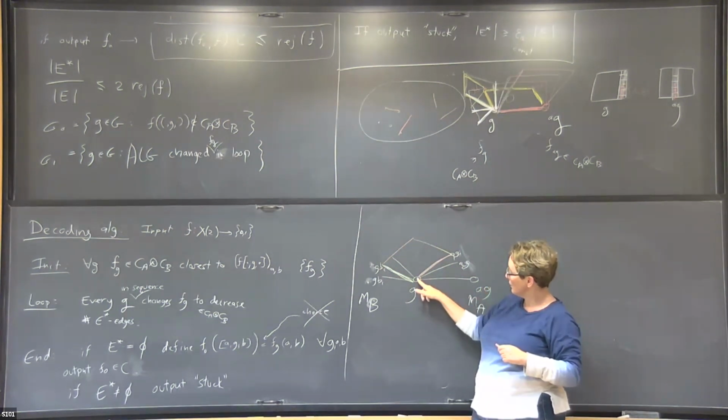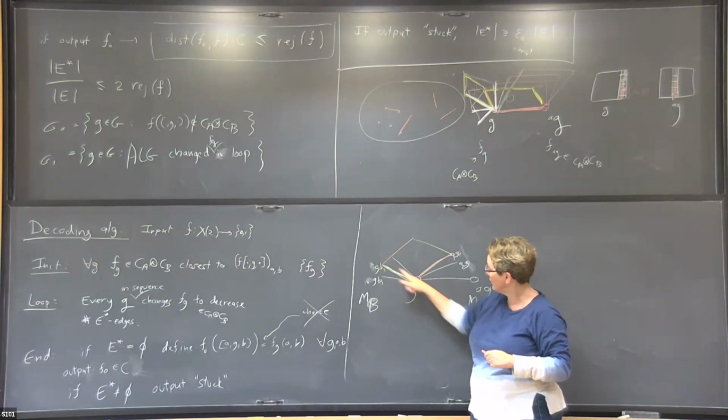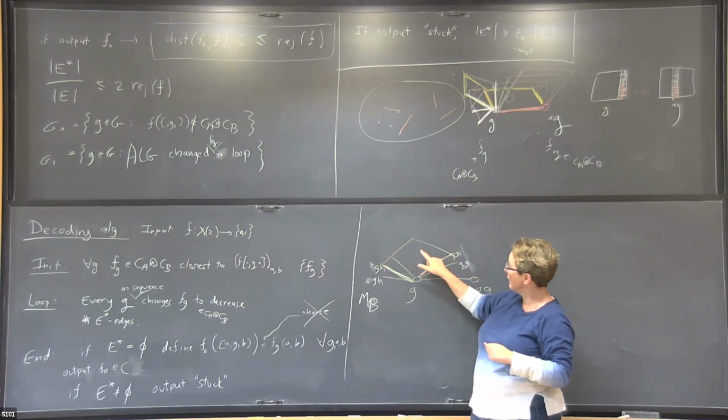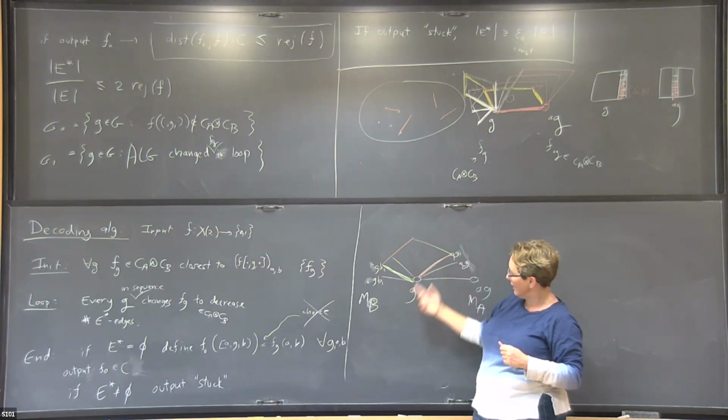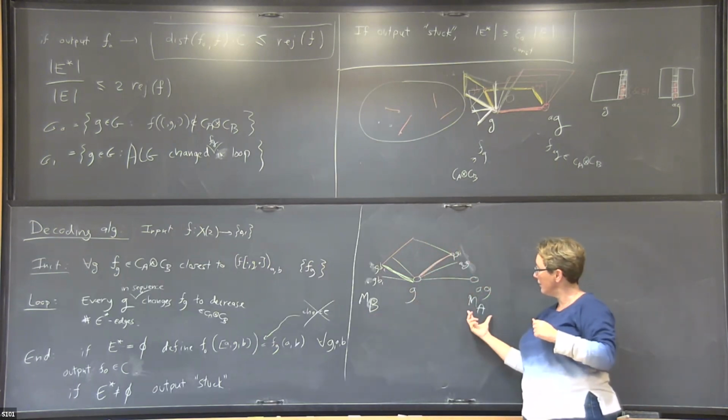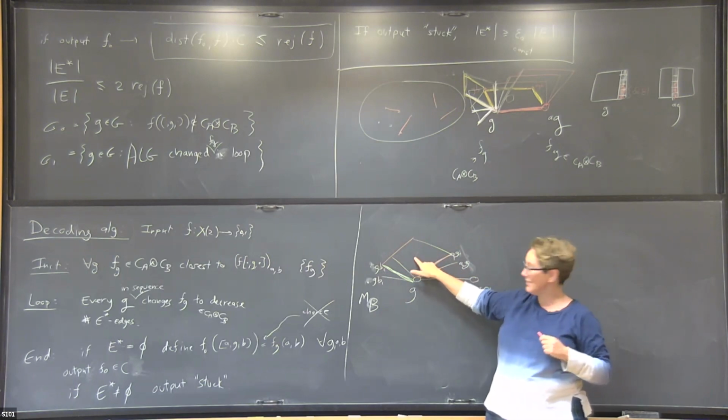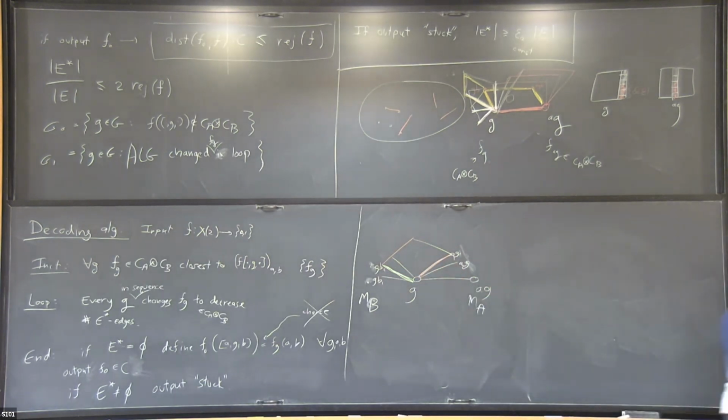So the bad thing that we were afraid of is that maybe G disagrees with its neighbors, but the neighbors agree. All the neighbors know what this value should be. If that's the case, it means that MB and MA agree on this bit. It's exactly the situation we were testing here. It was like MA at location A, B, and MB at location A, B. And we were just asking whether they agree on this coordinate.